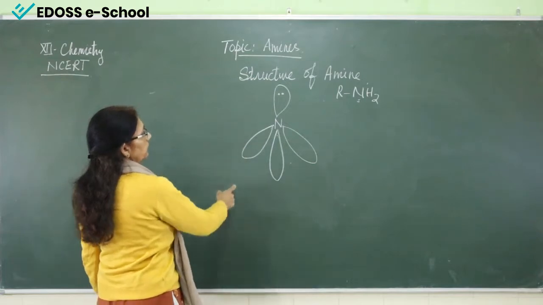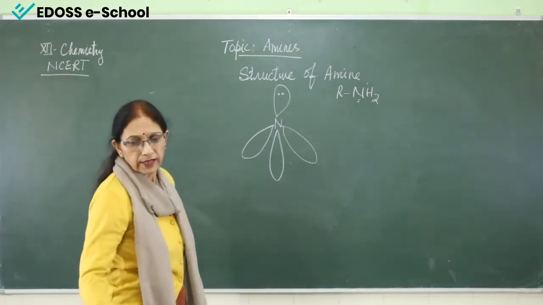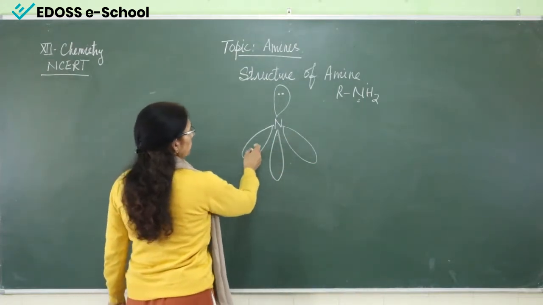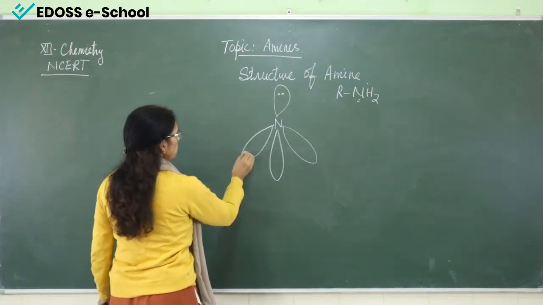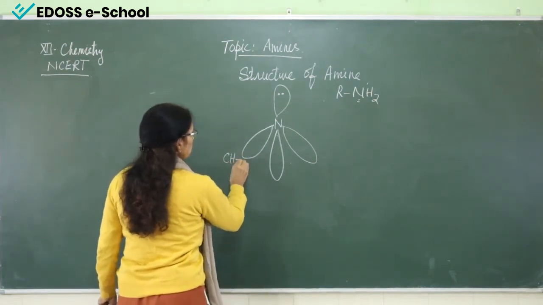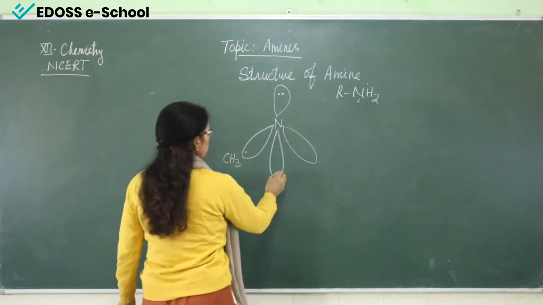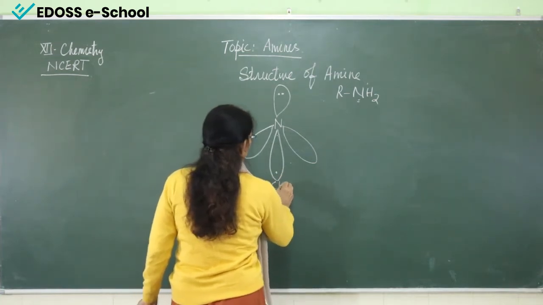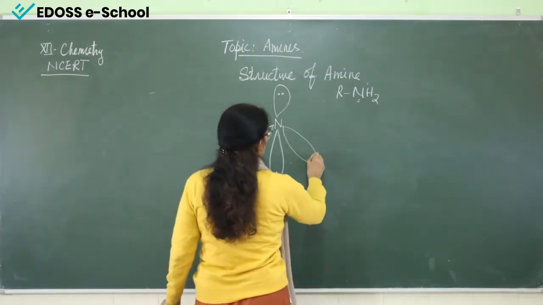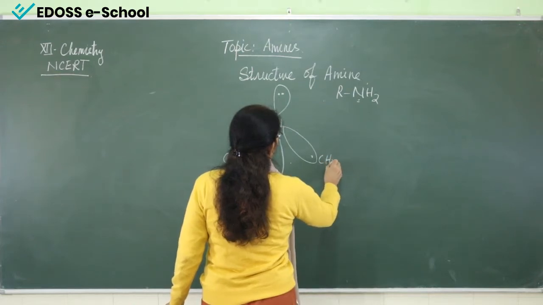Now what will happen everywhere? One alkyl group will be attached. Here it is one alkyl group, here it is one alkyl group, here it is one alkyl group.